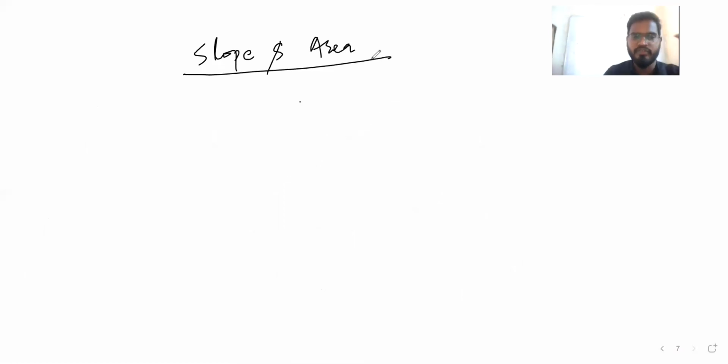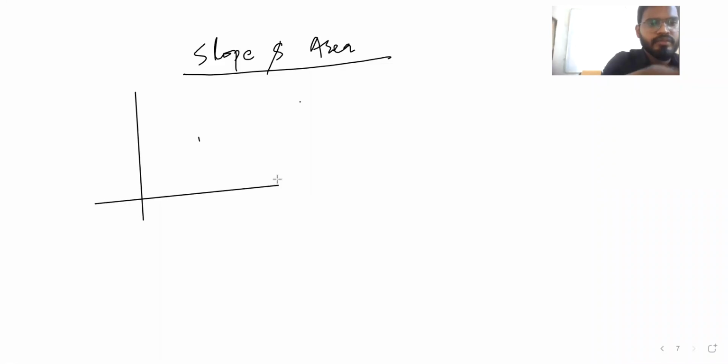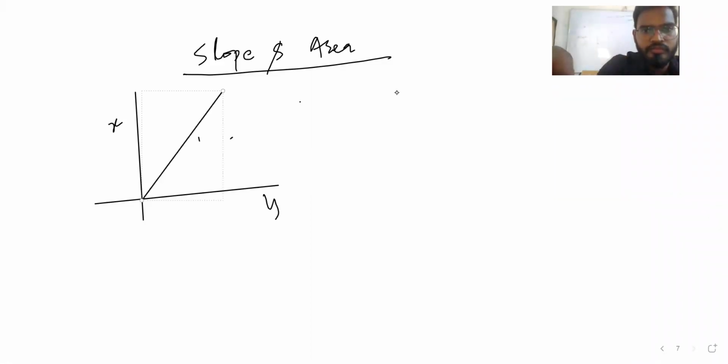So if you want to find slope and area of any graph, in general we are seeing. We are not going to see it specifically for speed, velocity and all; that we'll see later. Let's see, if you find the slope of this, this distance and this distance are going to be the same.